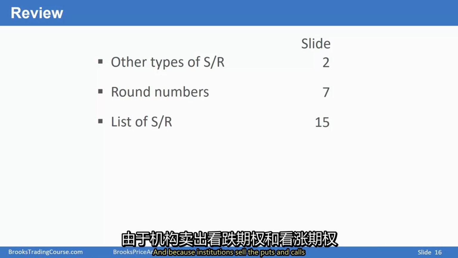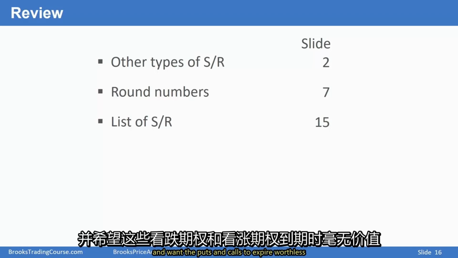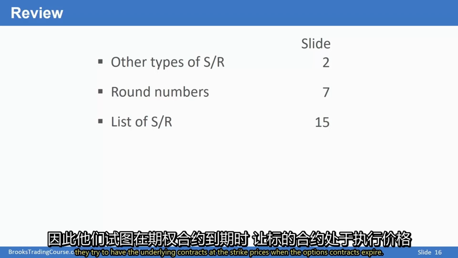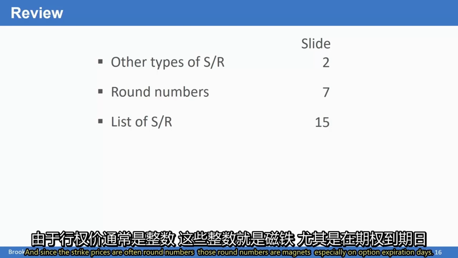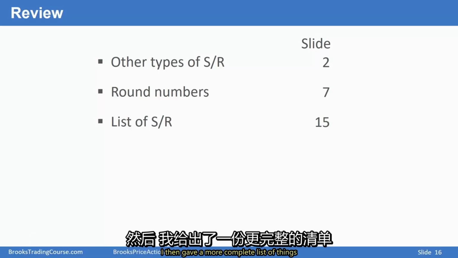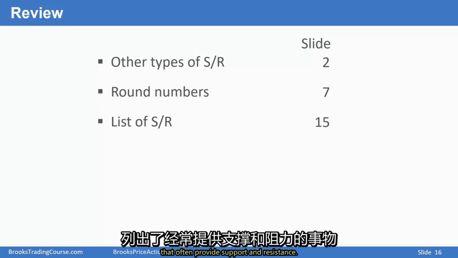And because institutions sell the puts and calls and want them to expire worthless, they try to have the underlying contracts at the strike prices when the options contracts expire. And since the strike prices are often round numbers, those round numbers are magnets, especially on option expiration days. I then gave a more complete list of things that often provide support and resistance.